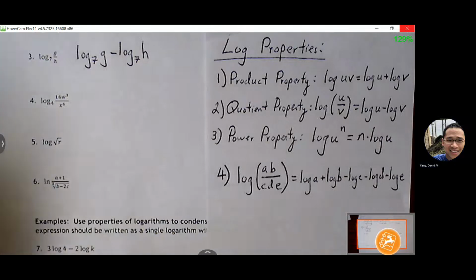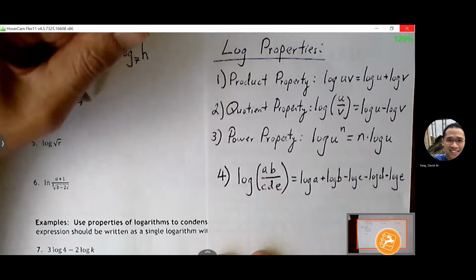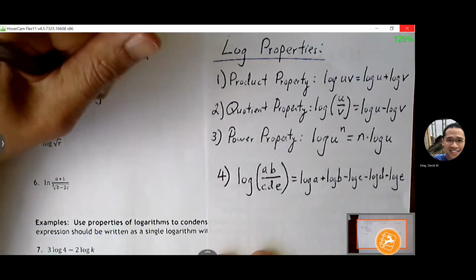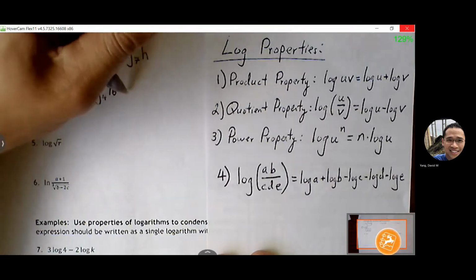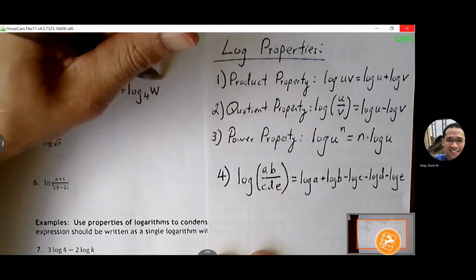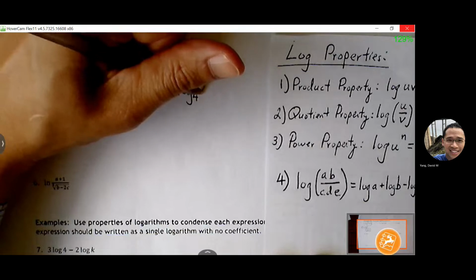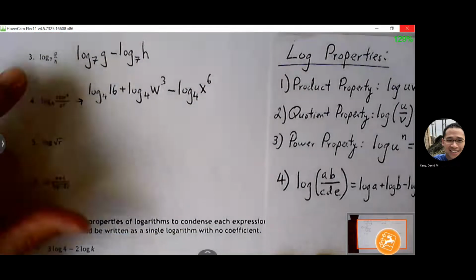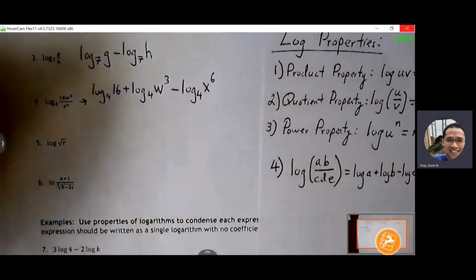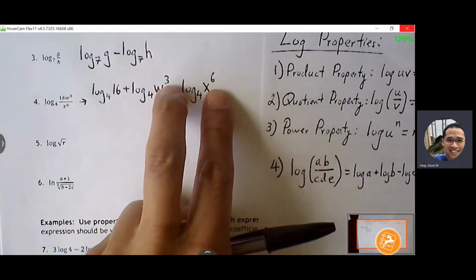Wherever they are, that's what sign they're going to get. We do one more thing here: bring those exponents down.